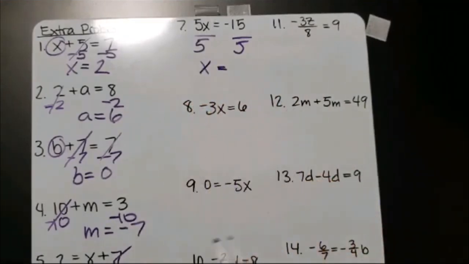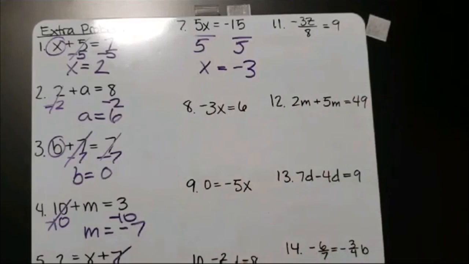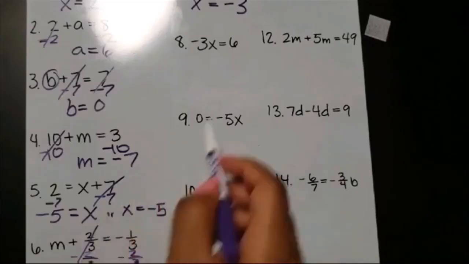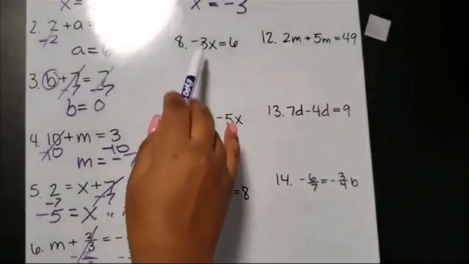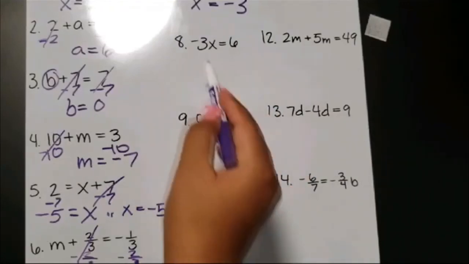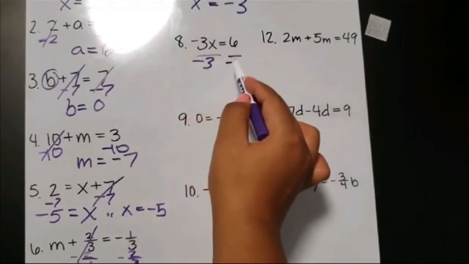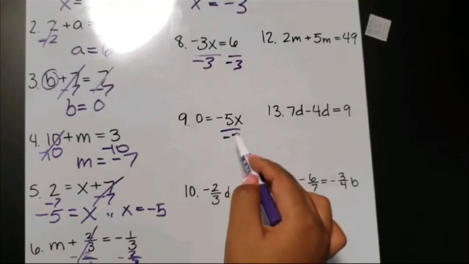Then we have negative 15 divided by 5, which is negative 3. So right off the bat, we see that we have multiplication going on with the x in both cases. So we know we're going to be dividing by that coefficient.